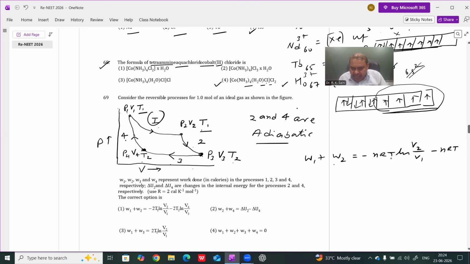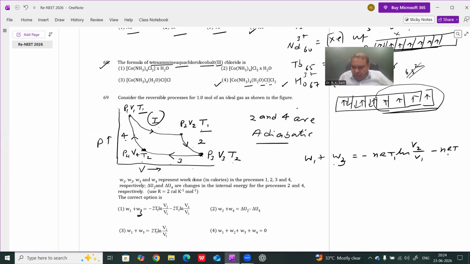In step first, temperature is T1 and in second. W1 plus W, I think it is not W3, it is W1. I think this is an incorrect typing mistake, or it is W3.